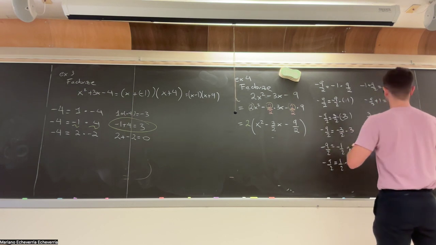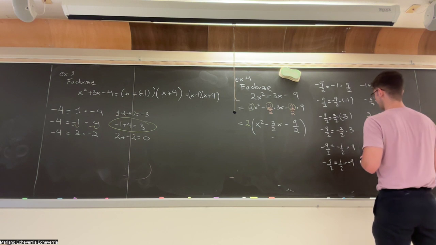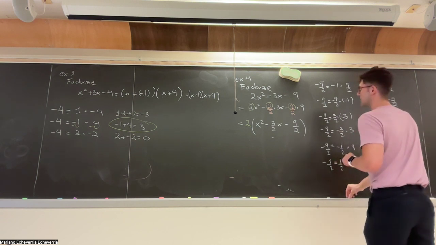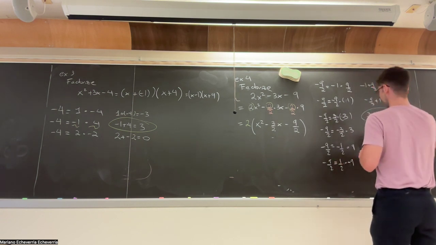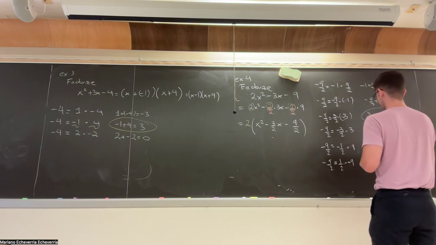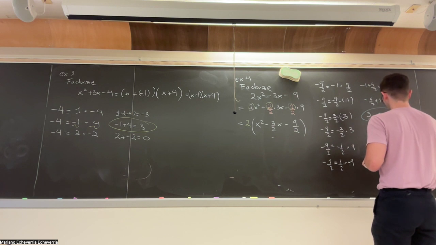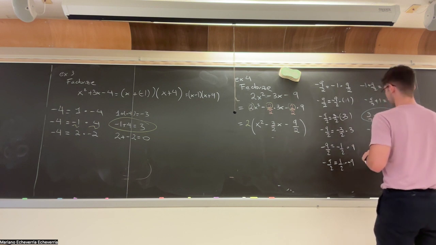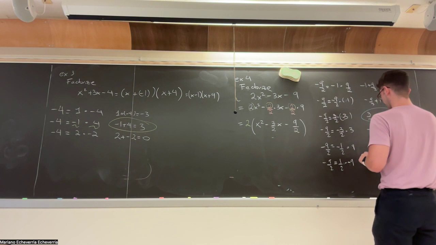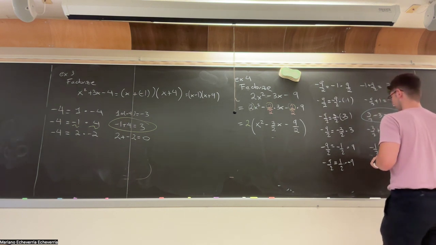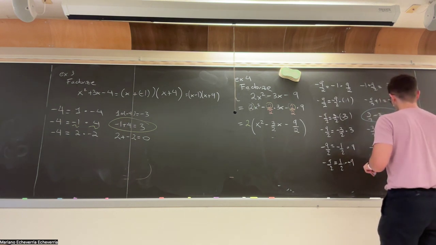So this is the one that's going to work out, because it's the one that has 3 halves. You don't have to finish the other ones once you have found it, but I'll do that.